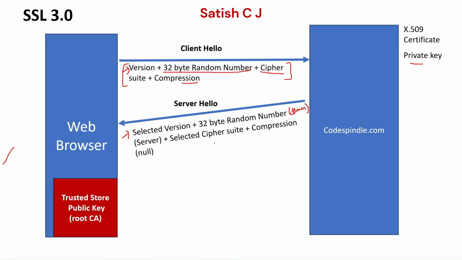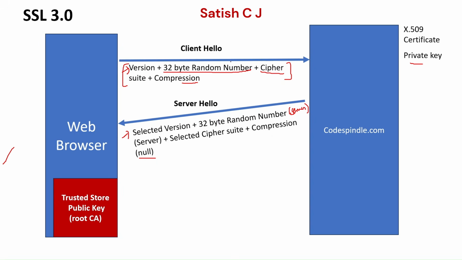And the selected cipher suite: the client sends a list of cipher suites that it supports, and the server will select one, say AES GCM, that is supported by the server, and send it back to the client. And the compression method is actually null. It's not used right now.